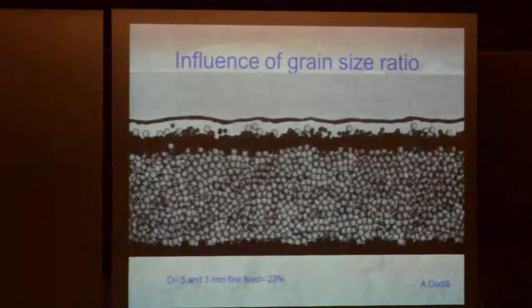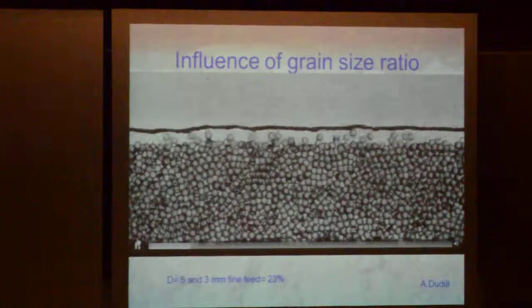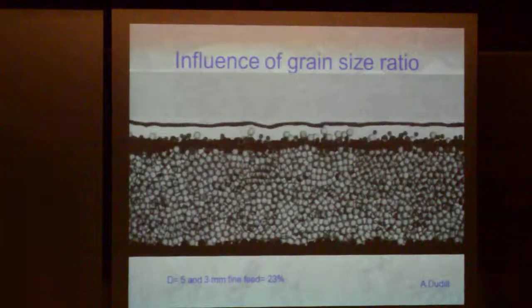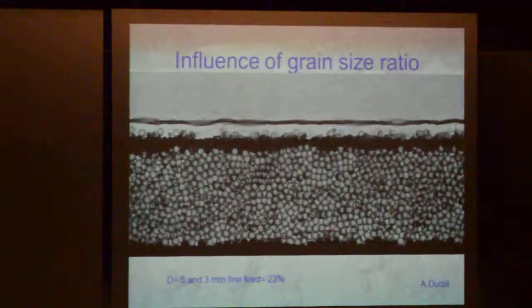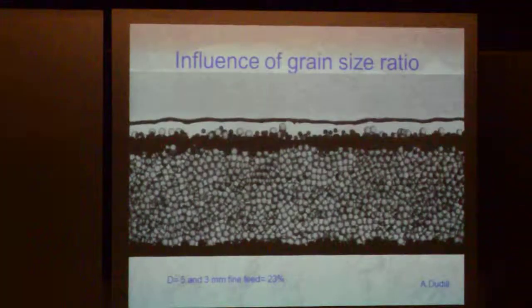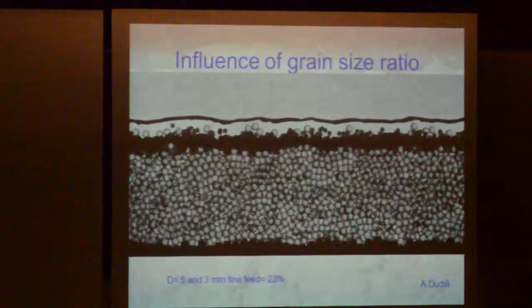In this case, you will have an aggradation. I have this kind of layer. Then, in fact, there is an aggradation up to 12%, from 10 to 12.